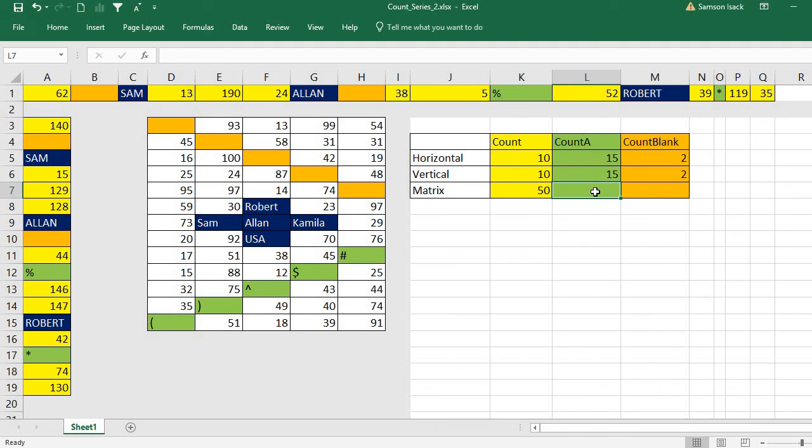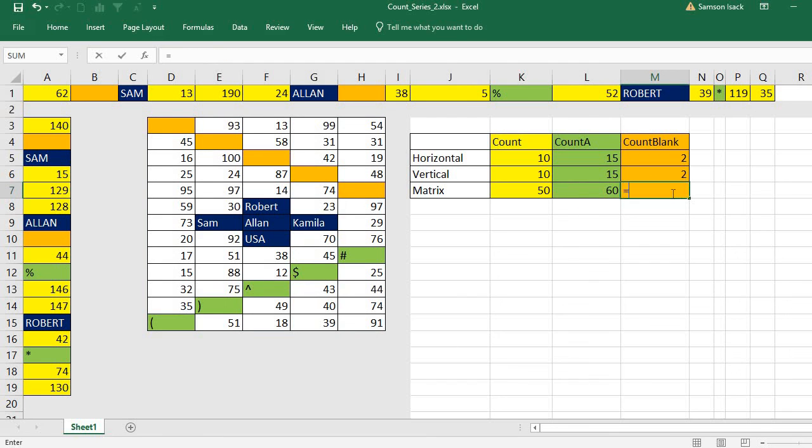CountA is all non-blank cells. So 65 minus only the blank cells, which is 5, so it's supposed to be 60. 60, correct.